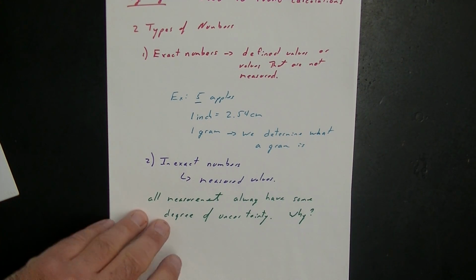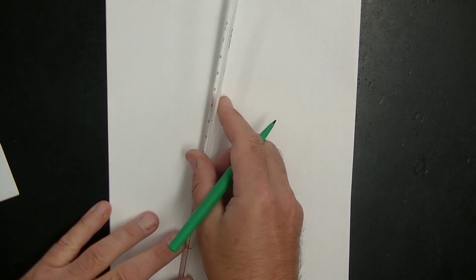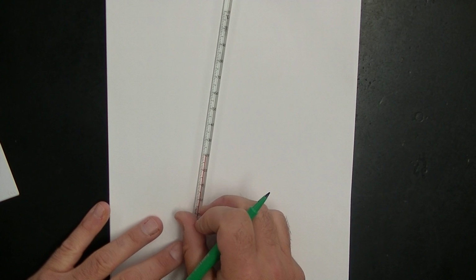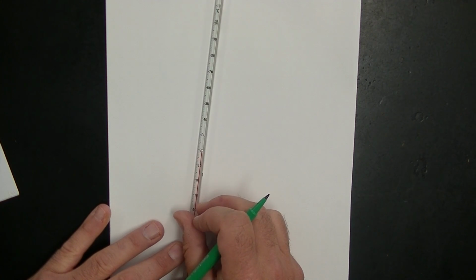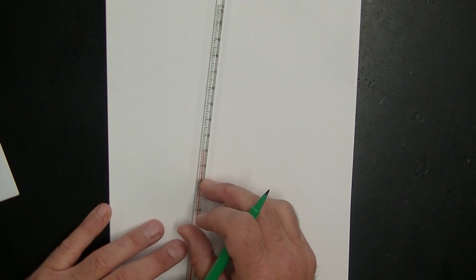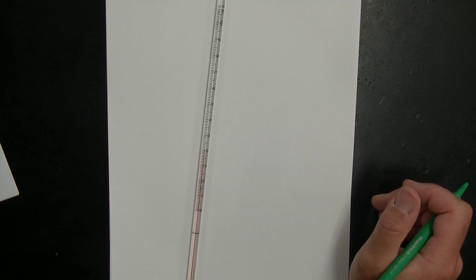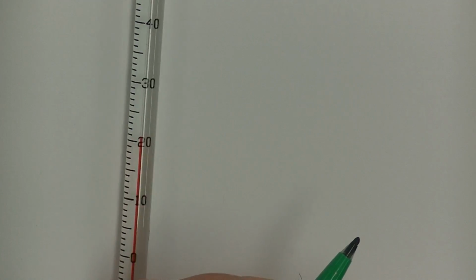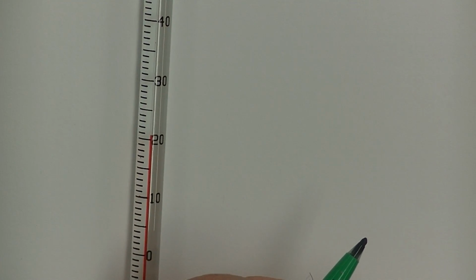Right? And I'm going to bring this over here, and I'm going to bring in a thermometer. I don't think there's any way that you can read this. But if we were to read this thermometer, I'll zoom in just for fun, because maybe we can see it. I don't know if you can see that or not.